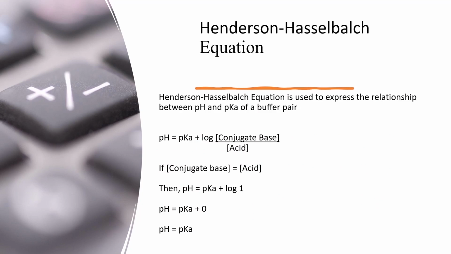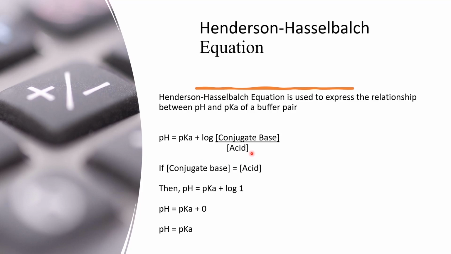Remember I mentioned earlier that it is better for a particular buffer system to have the same concentration of conjugate base and conjugate acid. Now, if you look at the Henderson-Hasselbalch equation, it says that pH is equal to pKa plus log of the concentration of conjugate base over the concentration of the conjugate acid.